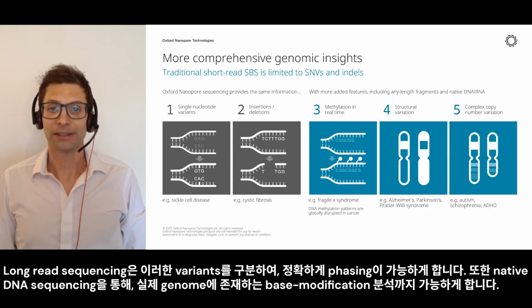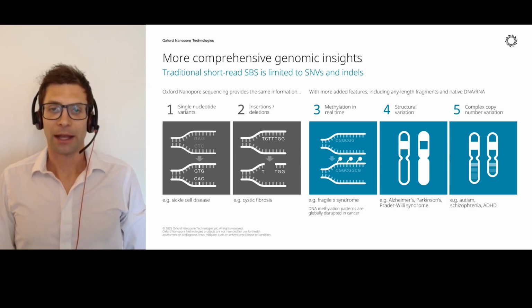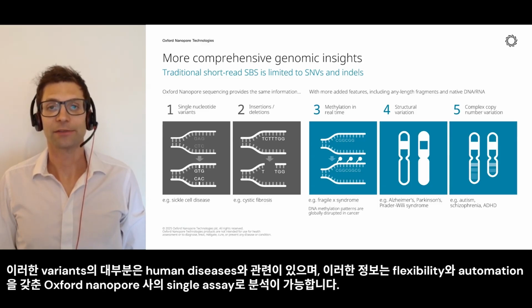Long reads mean these can be accurately phased, and native sequencing allows you to assess the biology that's actually there, with base modifications included. Additional benefits include capturing complex structural variants and copy number variation. A lot of these variants are relevant in the context of studying human disease, and you can gain all these insights from a single assay with flexibility and automation.